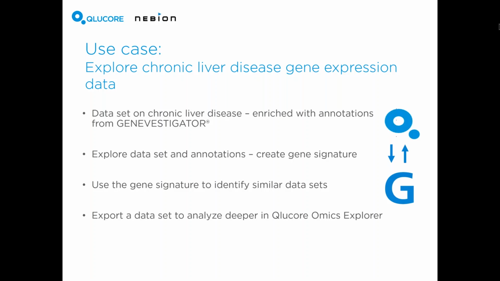We can then directly use this signature in Genevestigator for performing a compendium-wide analysis, which allows us to identify similar datasets and to also perform other types of analyses. Finally, we identify and export a dataset that we find interesting for further analysis in Qlucore Omics Explorer.